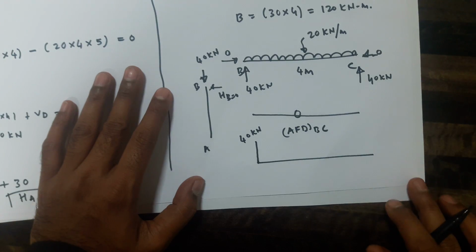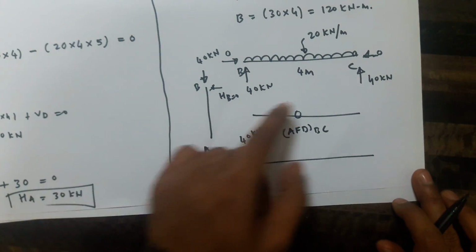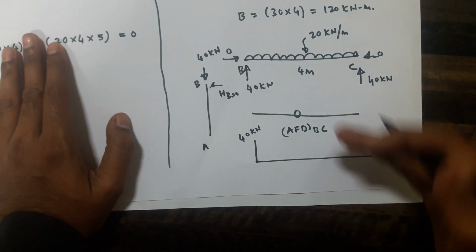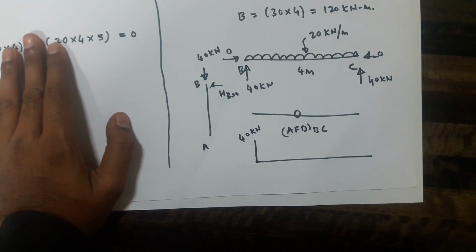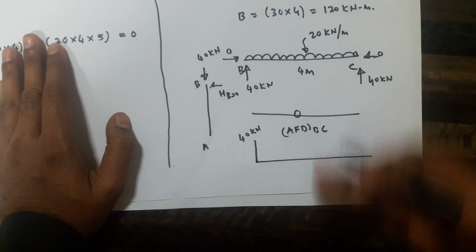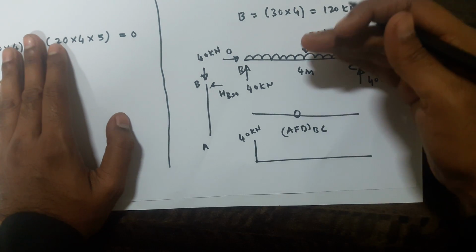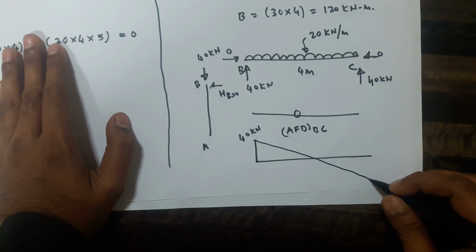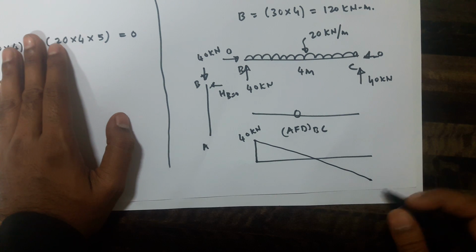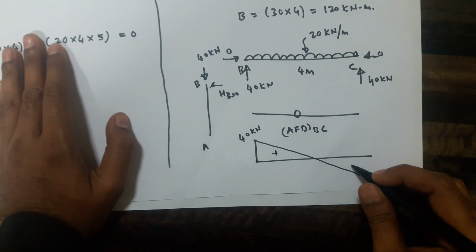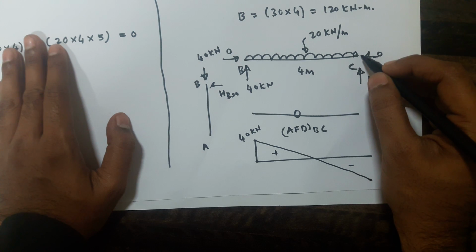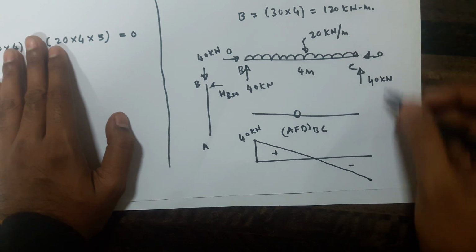Now when you are going to this point, left of C, the entire UDL is going downward, which means an 80 kilonewton load is going downward. This is 40 and an 80 kilonewton load is going downward, so it will come to minus 40. Then at right of C, 40 is going upward.